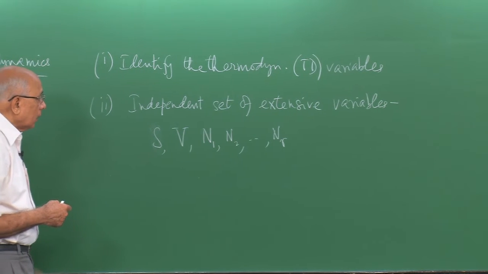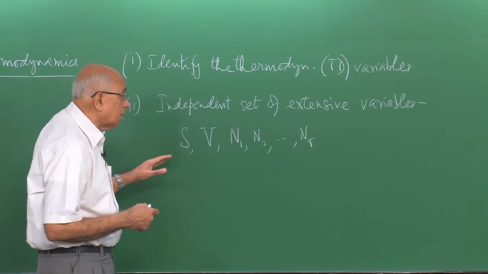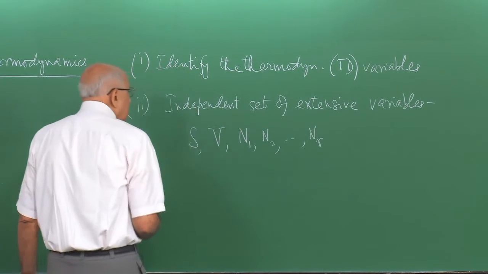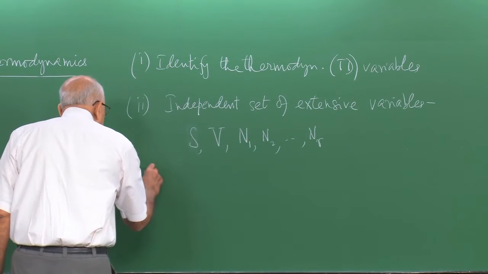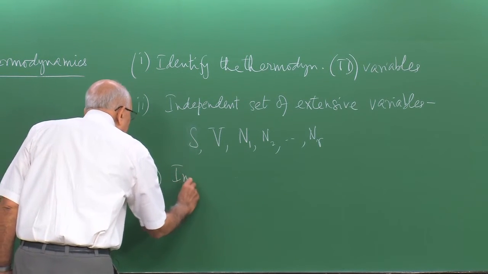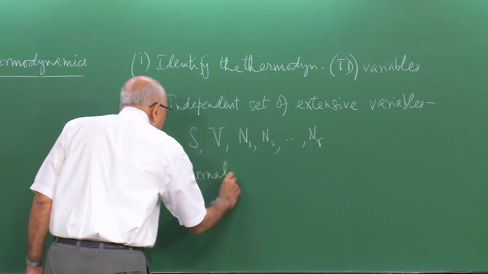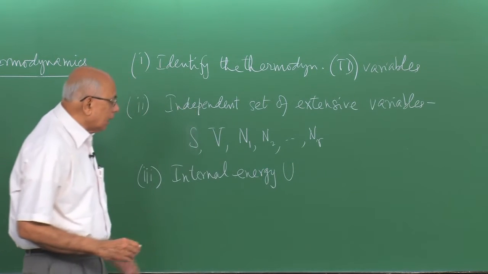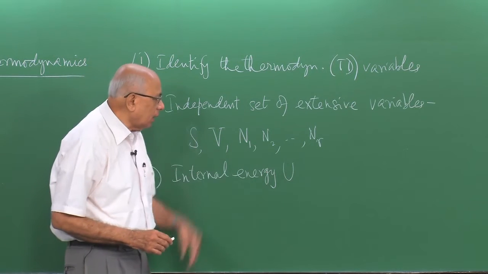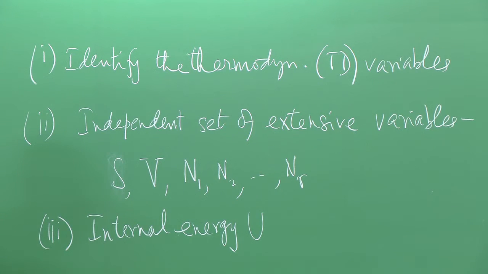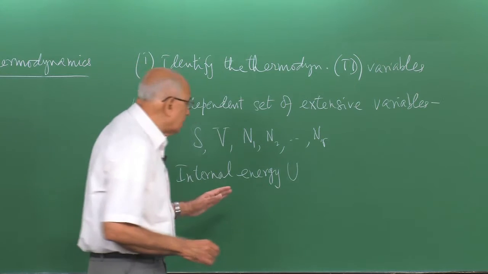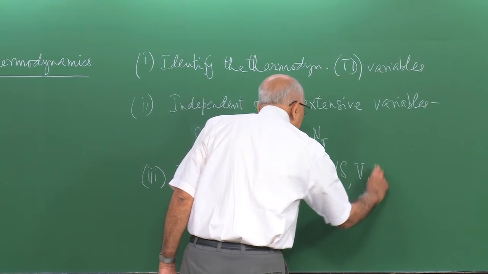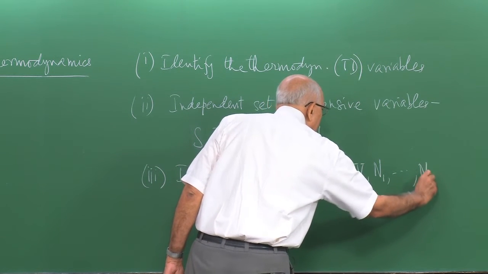Okay. Now given this set of variables, the idea is that you form what is called an energy function out of this. So we have a basic quantity called the internal energy of the system. One should use a symbol like E for it, as I have done on occasion, but let me use the standard thermodynamic symbol, the internal energy U of the system, and this is a function of all these variables in general.